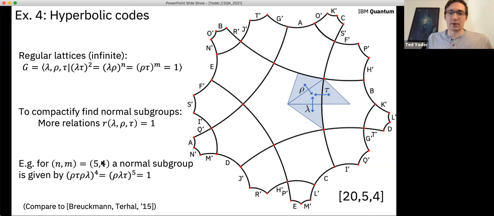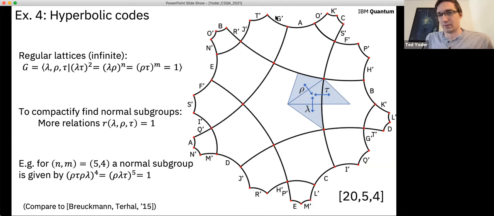And so one normal subgroup of this 5-4 free group is defined by these relations: rho tau rho lambda to the 4th and rho lambda tau to the 5th equals 1. And that defines this code that I've drawn here. So this is a graph on some high genus surface, and the labels of the edges are telling you that the edges are identified.